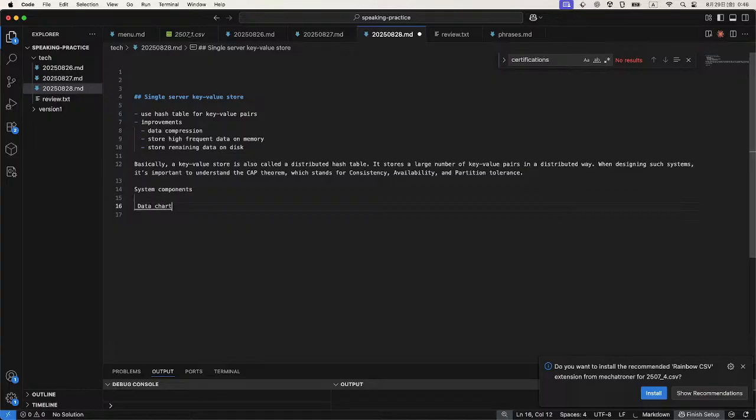Data sharding, data replication, consistency, solve inconsistency, recovery from failure.